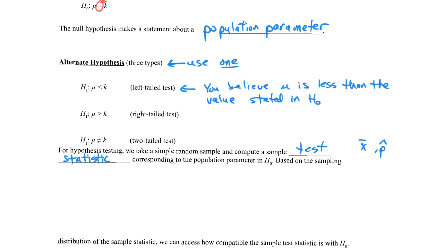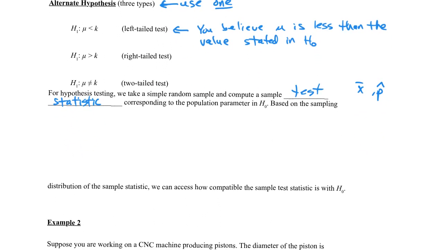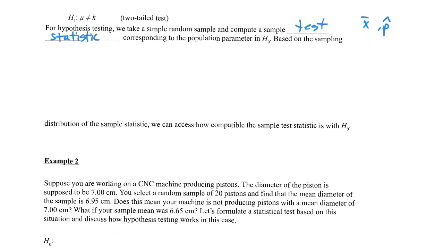So in this section, we'll be finding x bar. But the sample test statistic corresponding to the population parameter in H naught. And based on the sampling distribution of the sample statistic, we can assess how compatible the sample test statistic is with H naught. So let's take a look at this example 2.